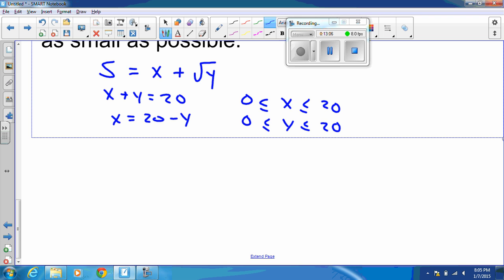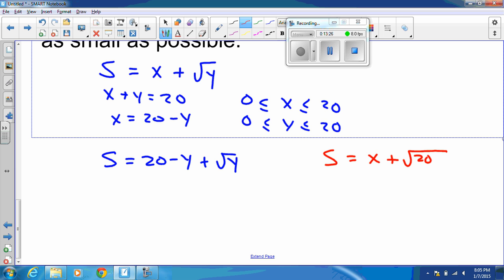So if I solve for x equals 20 minus y, and plug into s, then I get s is equal to 20 minus y plus the square root of y. And that's just a little bit easier than the expression that I would have gotten if I had substituted for y. If I substitute for y, then I get s is equal to x plus root 20 minus x.